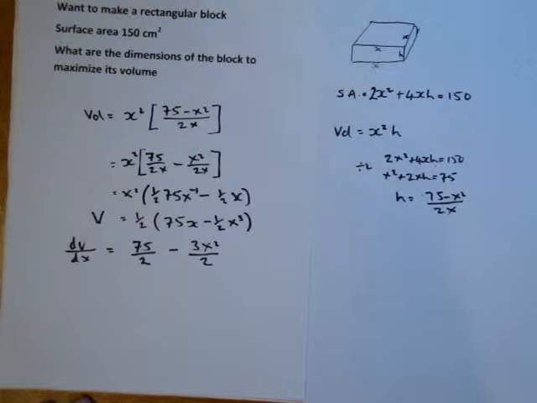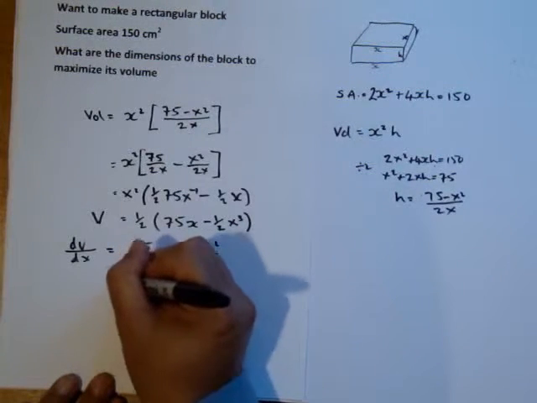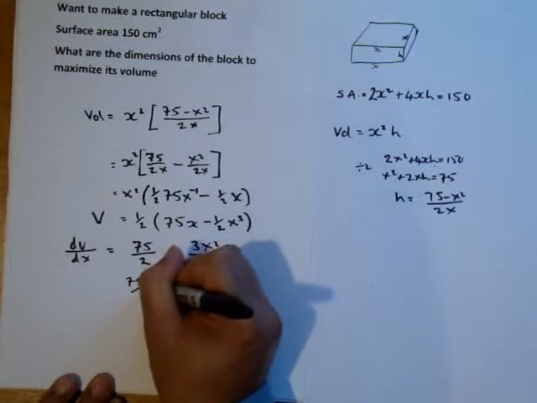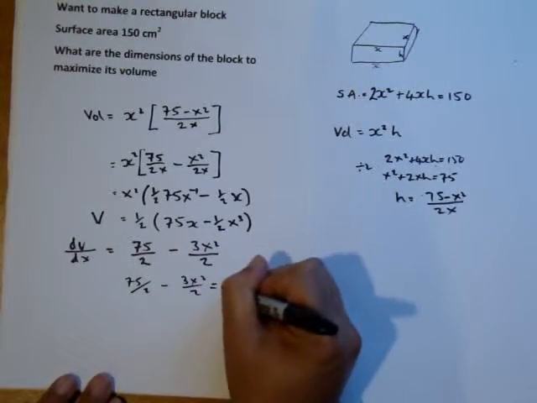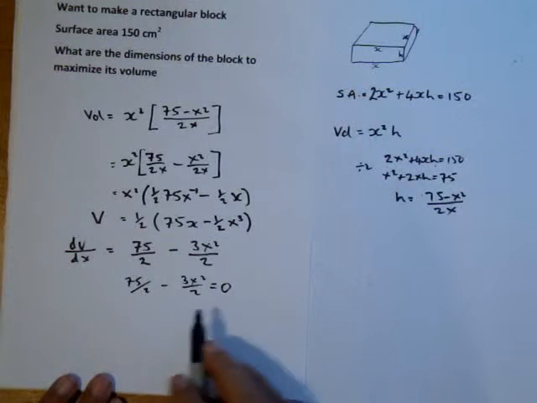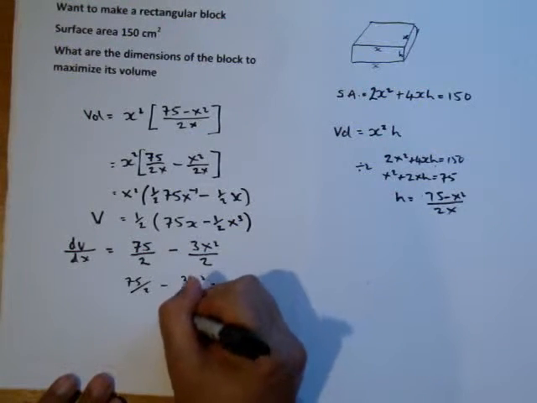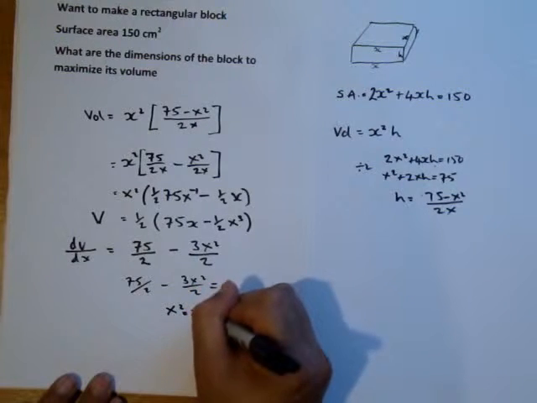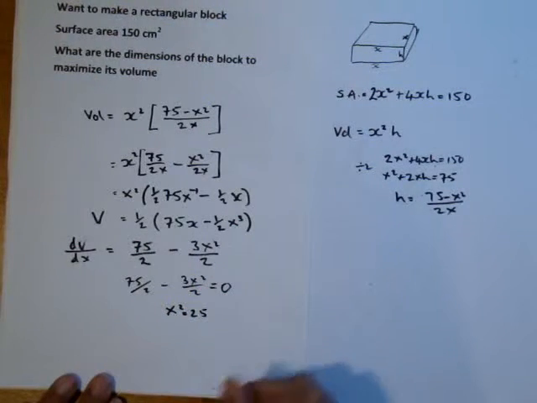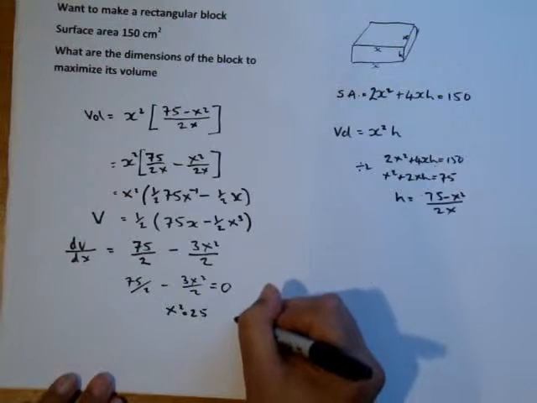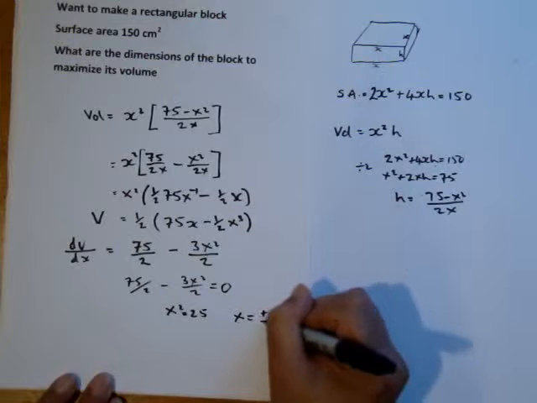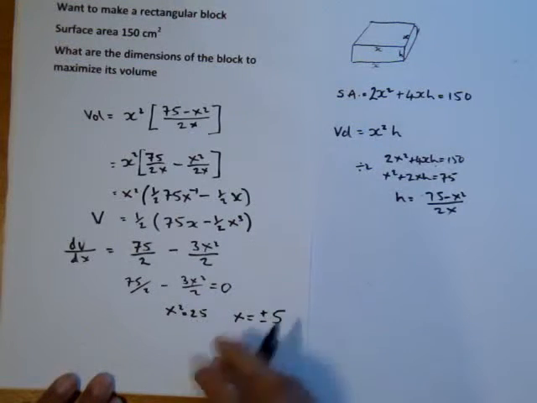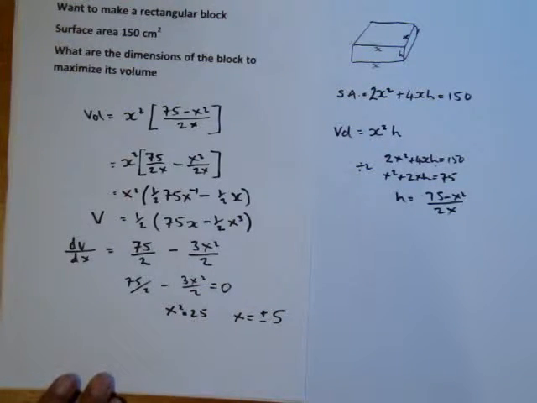So if we set this to 0, so 75 over 2 minus 3x squared over 2 equals 0, then when x squared equals 25, it'll be 0, which is x is plus or minus 5, which is the square root of 25.